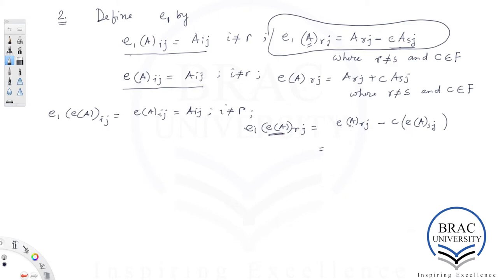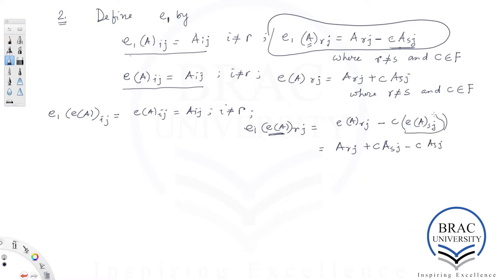And E of Arj, from the definition of the second type of elementary row operation, we know that this is equal to Arj plus C Asj. Okay, and then we subtract C times Asj.